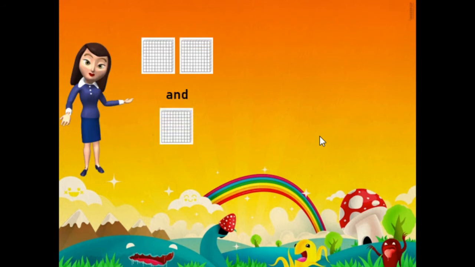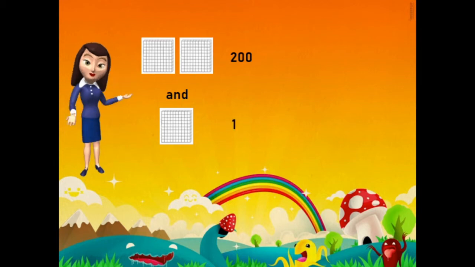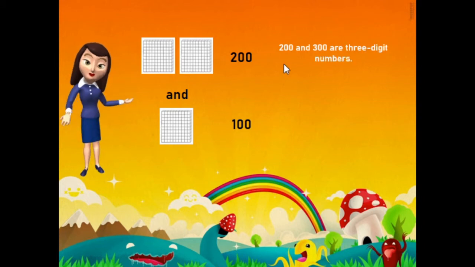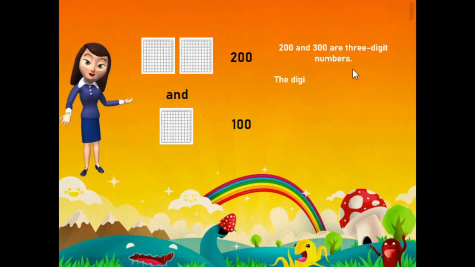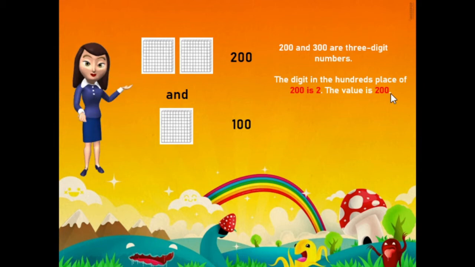And if we compare numbers with the same number of digits, we need to look for the values. For example, 200 and 100. They are both 3-digit numbers. But the digit in the hundreds place of 200 is 2, and the value is 200.